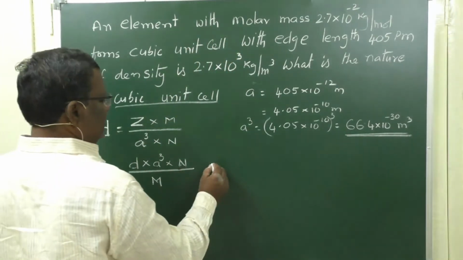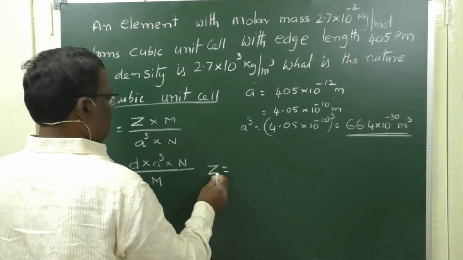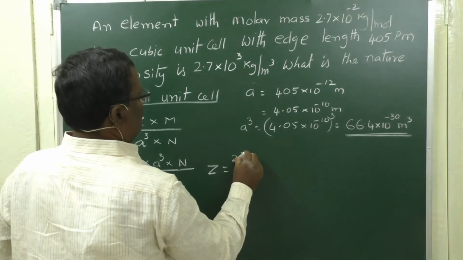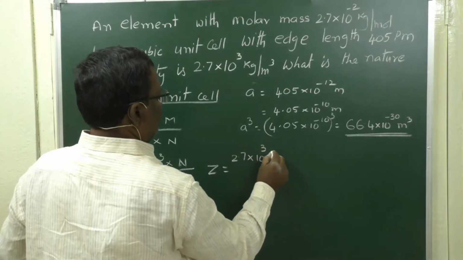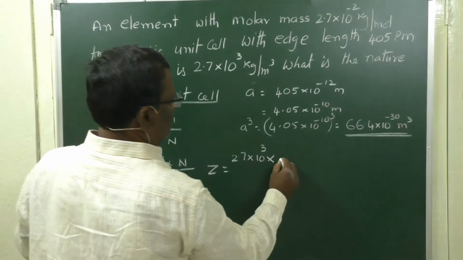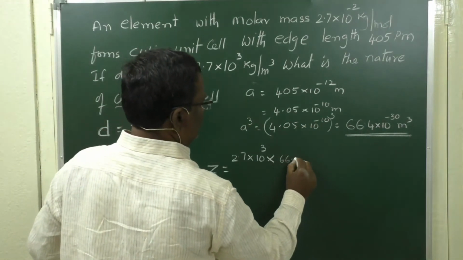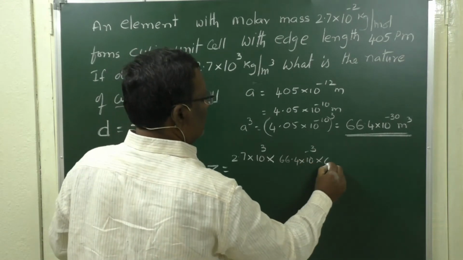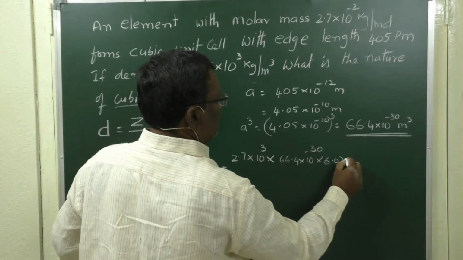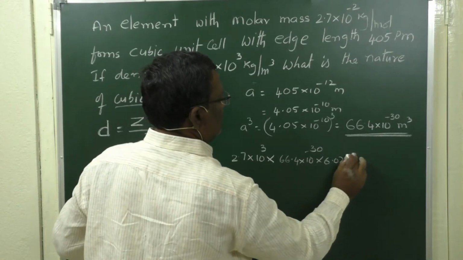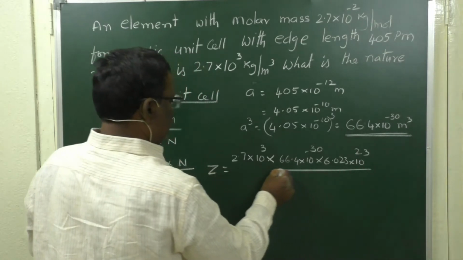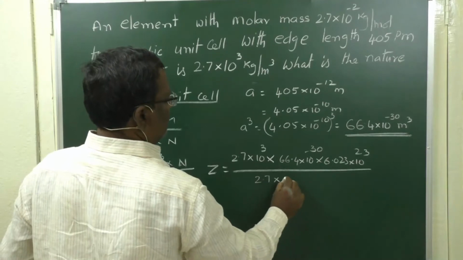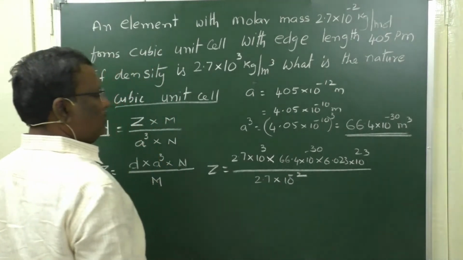So Z is equal to D, the density, 2.7 into 10 cube, into A cube value, which we just calculated, 66.4 into 10 to the power minus 30, then Avogadro number 6.023 into 10 to the power 23, by molecular weight 2.7 into 10 to the power minus 2.